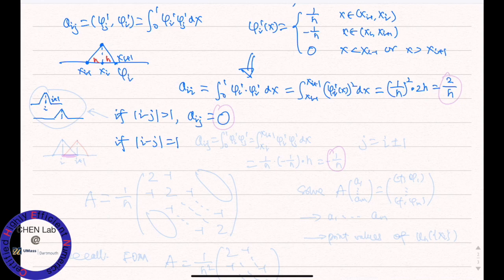So think of this as j equal to i plus or minus 1, the case of i with its immediate neighbor.